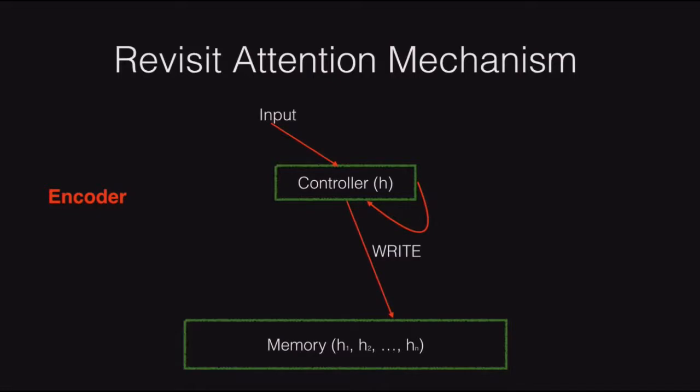In the decoder, you continue producing some output and update your controller G, but you read from memory your H again. So in the input, you write to memory, and in the output, you read from memory.